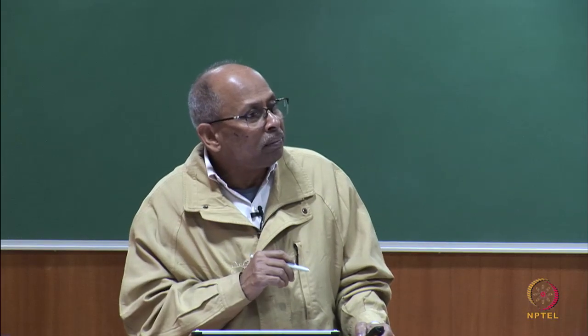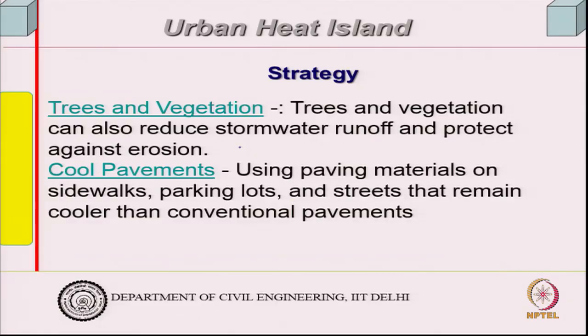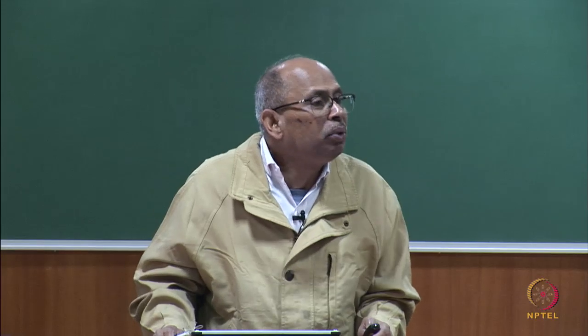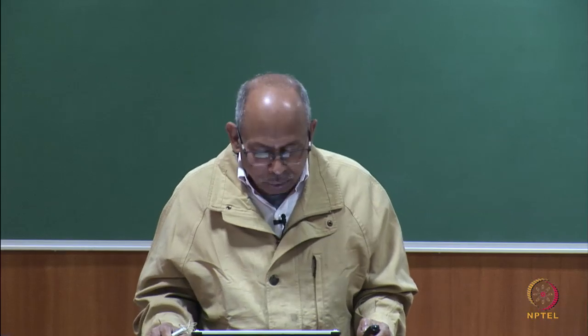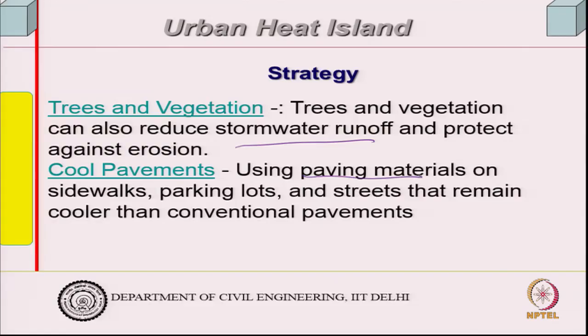Trees and vegetation. Trees and vegetation can also reduce stormwater runoff and protect against erosion, besides keeping it cool, because you have seen that temperature is directly related to vegetation growth, in the NASA photograph that I showed you. And cool pavement, using paving materials on sidewalks.